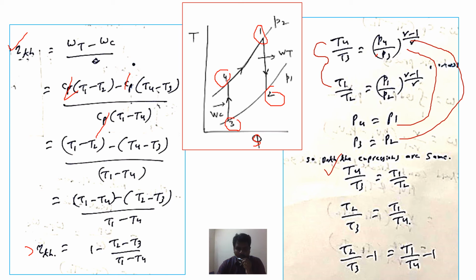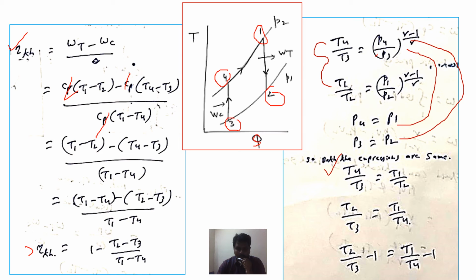So thermal efficiency in terms of temperature is 1 minus T2 by T3 divided by T1 minus T4. This we can write as 1 minus T3 divided by T4. But here T3 by T4 is P1 by P2 whole power gamma minus 1 by gamma, because T3 by T4 equals T1 by T2.